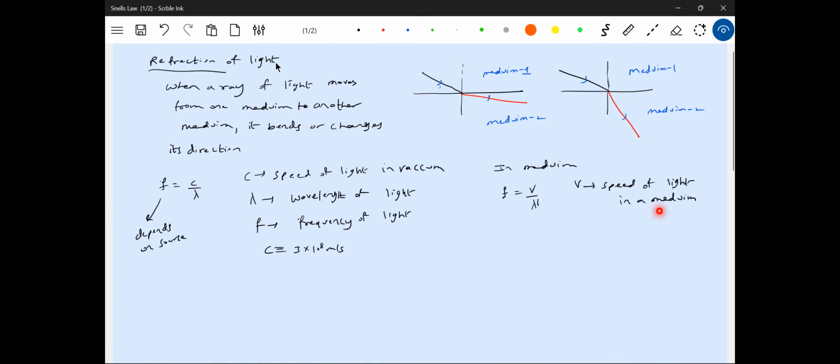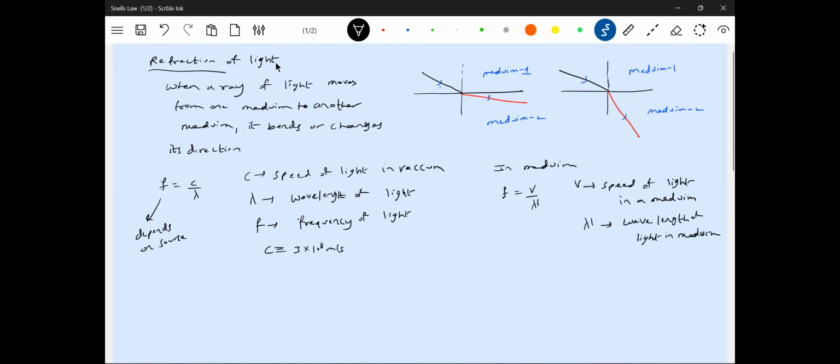What do we mean by medium? A medium can be water, glass, or anything other than vacuum. And lambda dash is the wavelength of light in the medium.